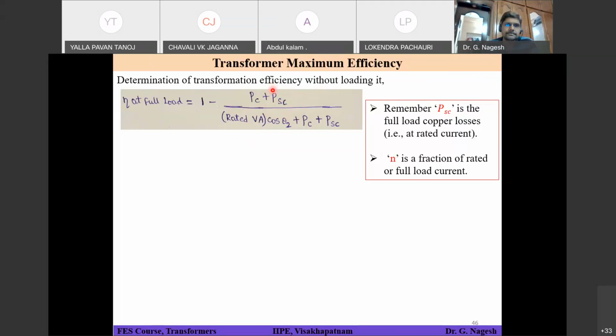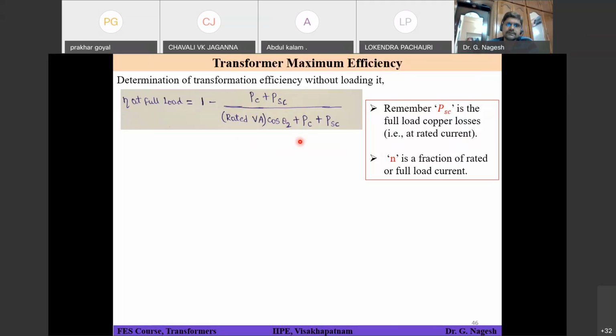Okay, N square IFL square into RE2. IFL square into RE2, I am denoting it as PSC, the full load copper loss at rated current. So N square into PSC will be the copper losses at current I2. That means full load copper losses should be multiplied with N square.